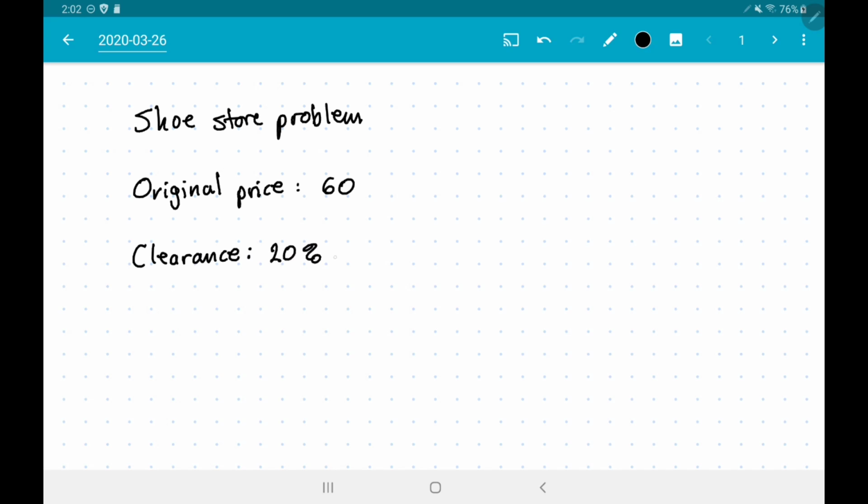That's for 20% off. Okay. Well, the convention is that 20% off of 60 is, you take the 60 and subtract 20% of the 60.